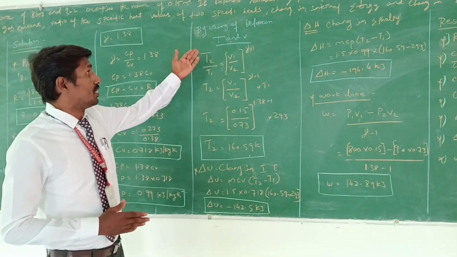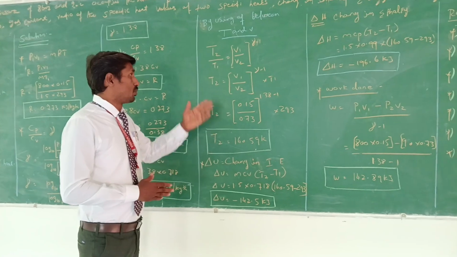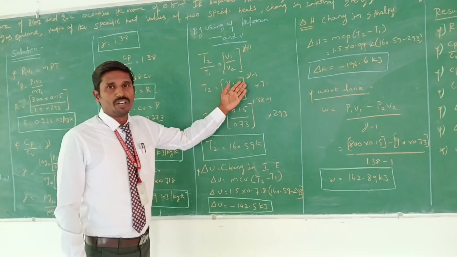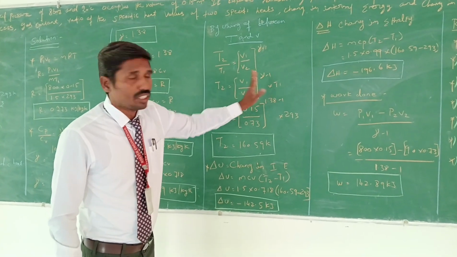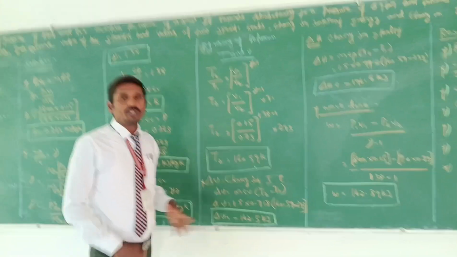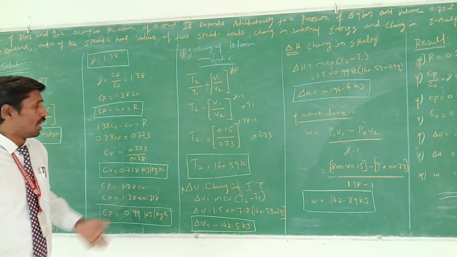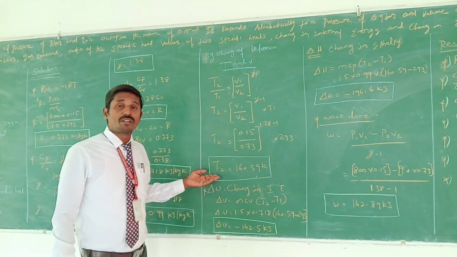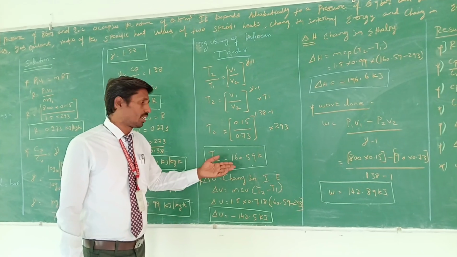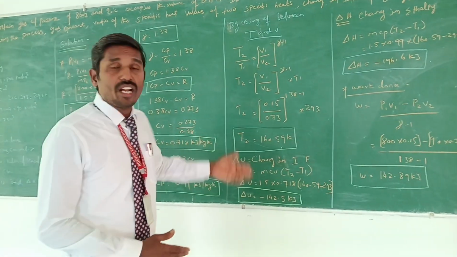This is the formula for the temperature and volume relation. So T2 equals T1 into V1 by V2 to the power lambda minus 1, and T2 equal to 293 into 0.15 divided by 0.73 to the power 0.38. Putting in the values, the final temperature T2 equals 160.59 Kelvin.